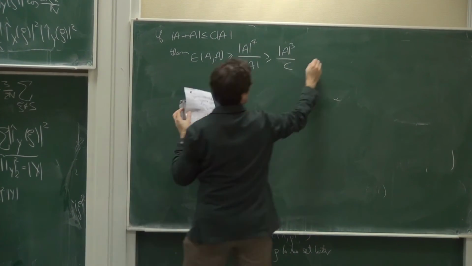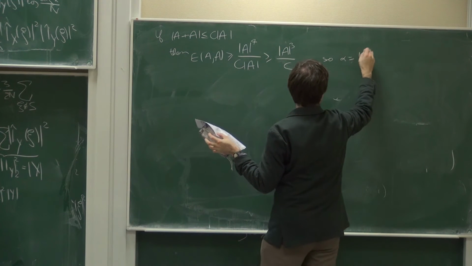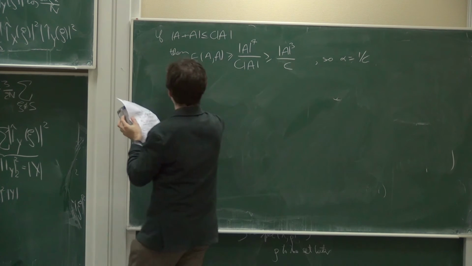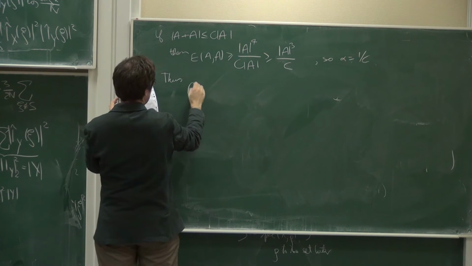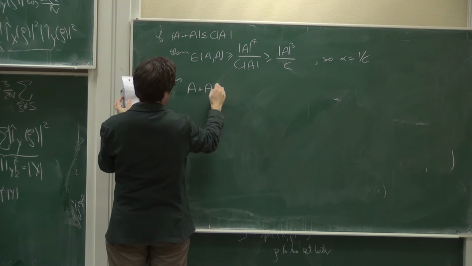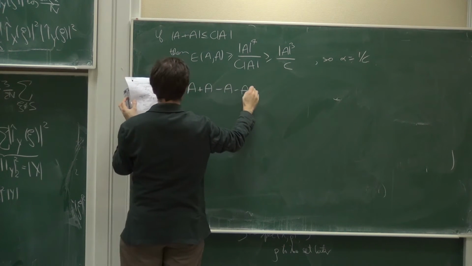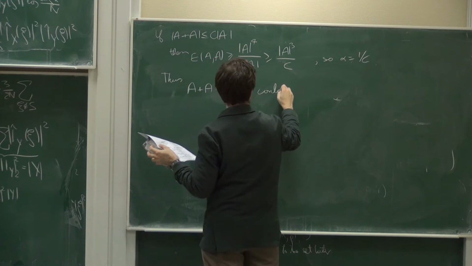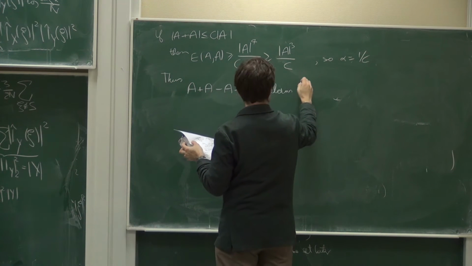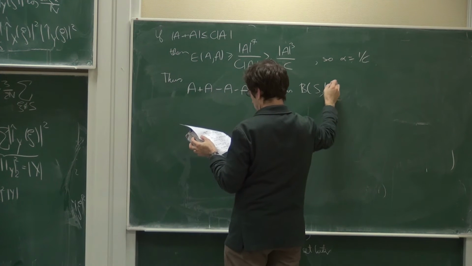So alpha equals 1/C. Thus, we said x and y both equal to A, and we have that this contains BS16.